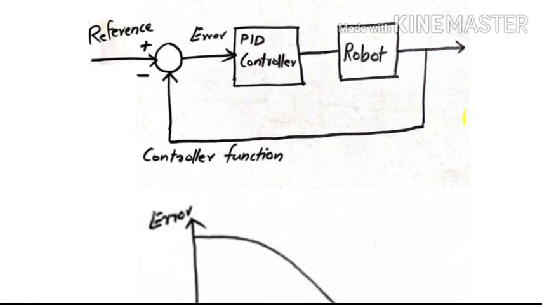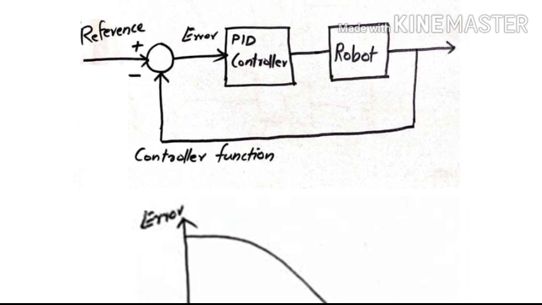In the case of the PID controller, the error is minimized, and the error-minimized information is fed back to the robot.